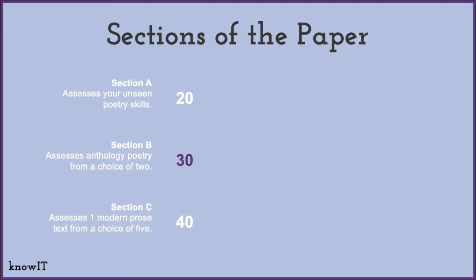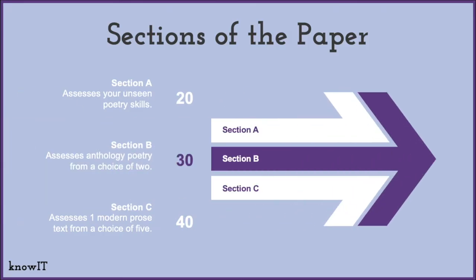So it depends on the school you go to which modern prose text you're doing. These are usually something like novels. We'll come to that later. So for now, these are the 3 sections, section A, B, C, 20 plus 30 plus 40, which lead to the 90 marks of this exam.